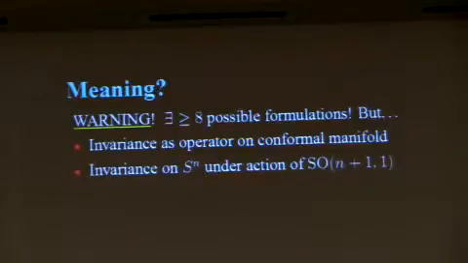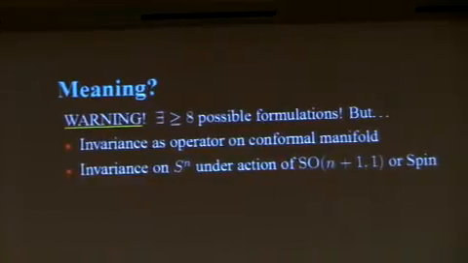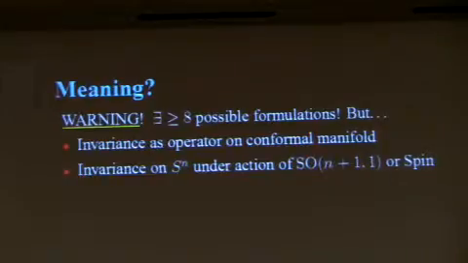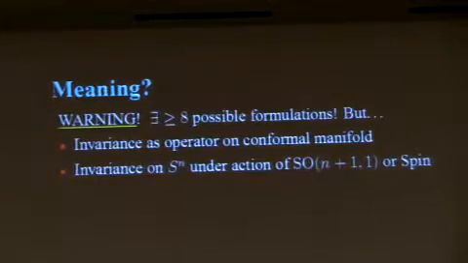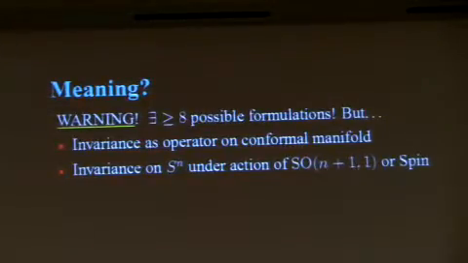Instead of talking about SO(n+1,1), which is literally the group of conformal transformations of the sphere, you should pass to the double cover of that, which would be Spin(n+1,1). But, I mean, these are all details. The point is that these are two really quite different notions. One of them is invariance on a general manifold somehow, and the other one is invariance on a space with a group acting on it.